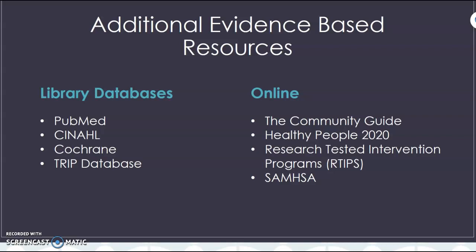Our tips is going to be anything related with cancer that you want to look up. SAMHSA is substance abuse and mental health. So if your topic has anything related to those, pay attention to it. Otherwise, don't necessarily worry about it. So I'm going to show you a little bit about those eventually.